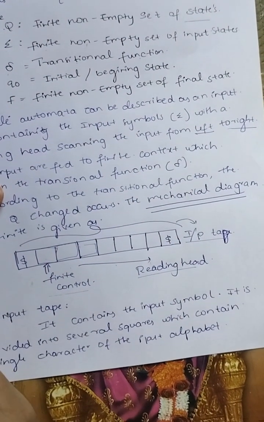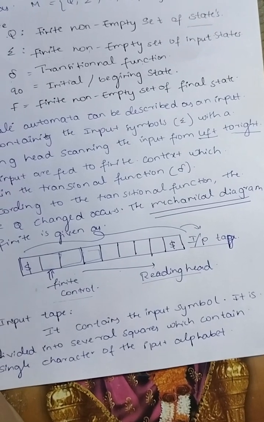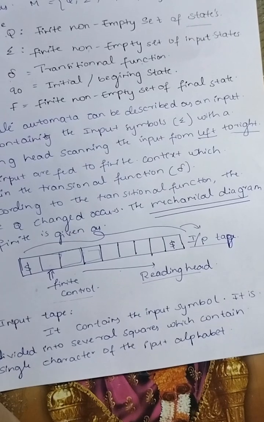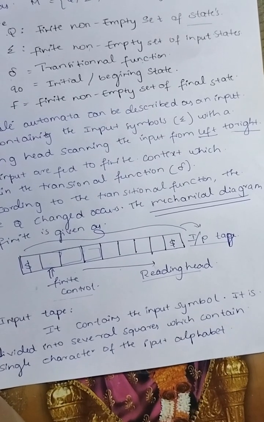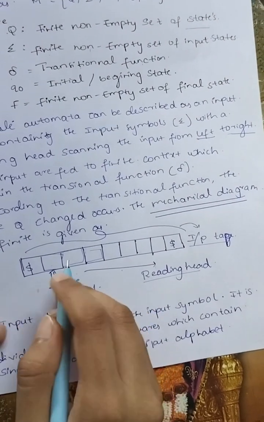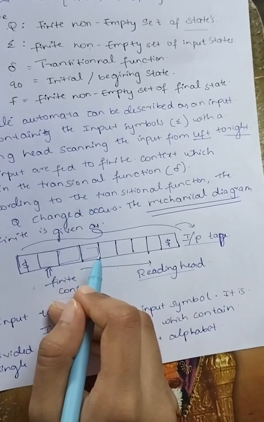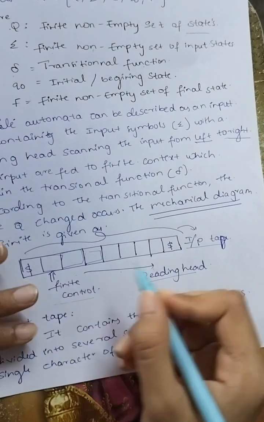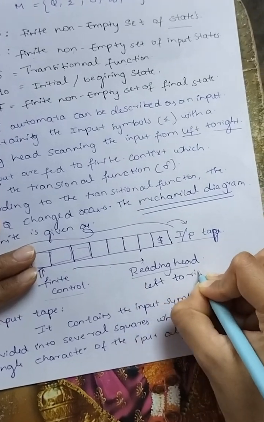It is divided into several squares, each with a single character of the input alphabet. So in these squares, we should write all our input strings from left to right.